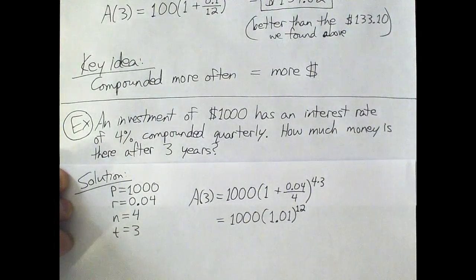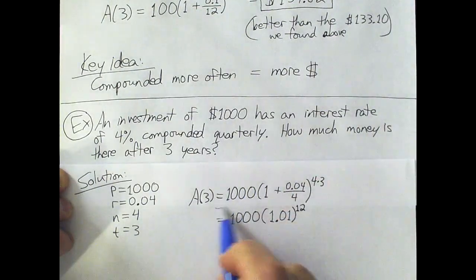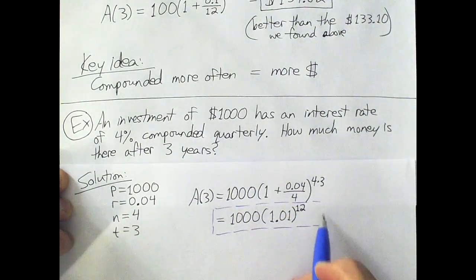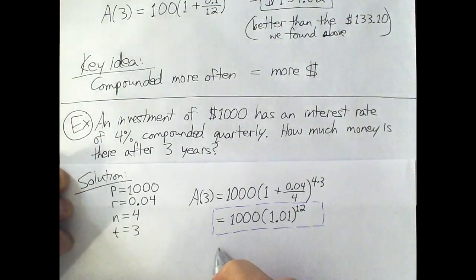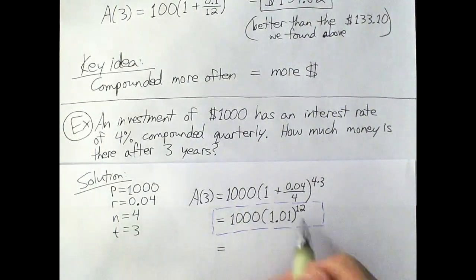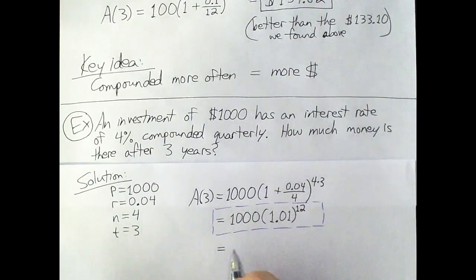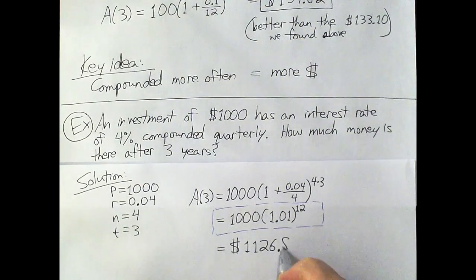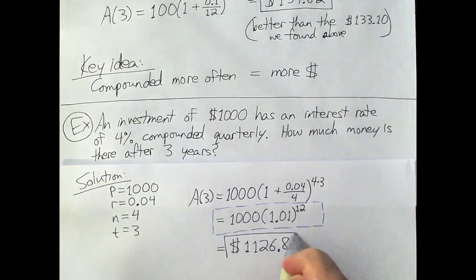Maybe I'll put a box around that, because if this was like a test where I wasn't allowed to use a calculator, then that's as far as I would go. But if it's like a homework problem where it's okay to use a calculator, I did put this into a calculator, and I rounded off to the nearest cent, and I got $1,126.83, and we'll say that that is the final answer to the problem.